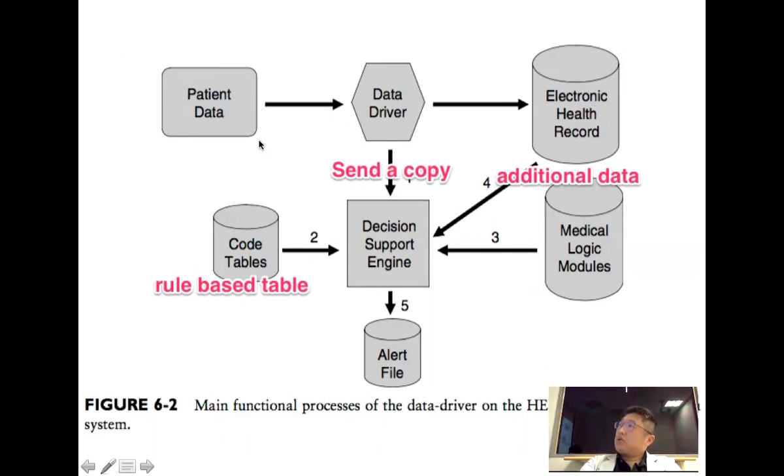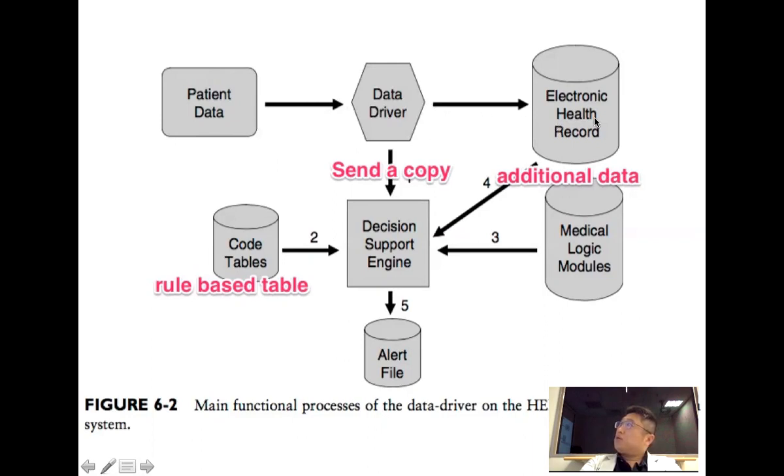So in the HELP system, here's how they design their system. First the patient data is generated, then they will use the data driver to collect the data. Then this data driver will pass this patient data into two different routes.